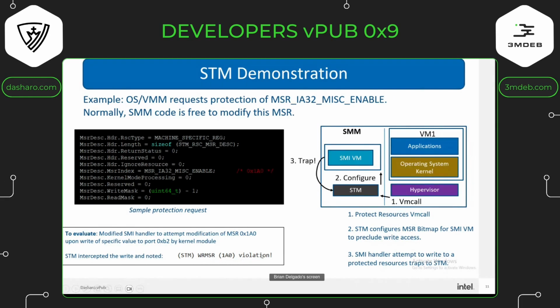That's an example of how we can use this capability to protect things like MSRs, IO ports, memory regions, etc. from full access by SMI handlers.